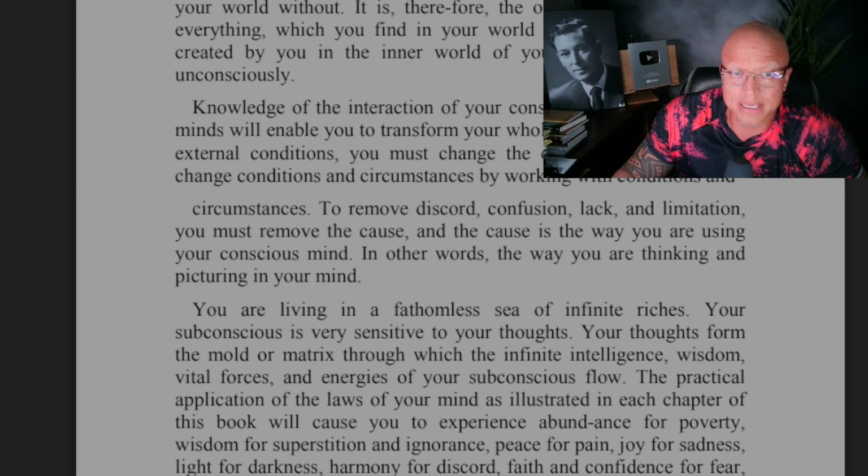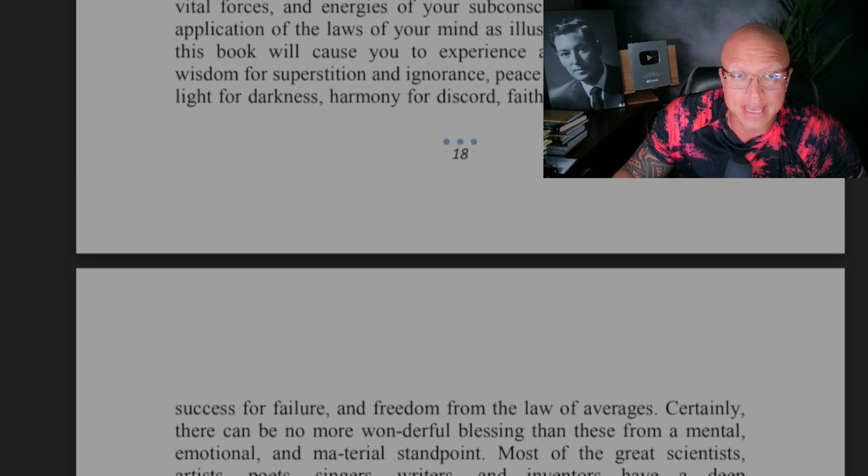The practical application of the laws of your mind, as illustrated in the chapters of this book, will cause you to experience abundance for poverty, wisdom for superstition and ignorance, peace for pain, joy for sadness, light for darkness, harmony for discord, faith and confidence for fear, and success for failure, and freedom from the law of averages. Certainly there can be no more wonderful blessing than these from a mental, emotional, and material standpoint.